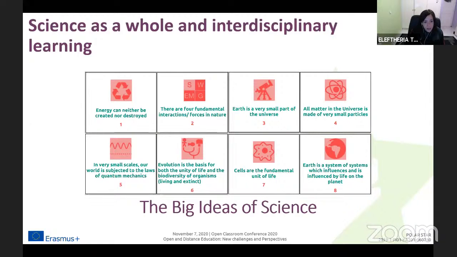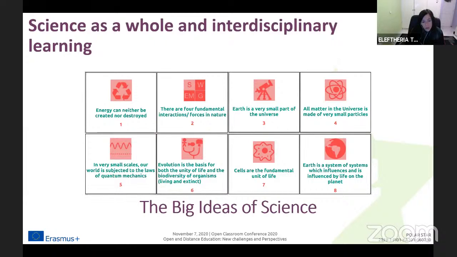So our first idea is about energy and how it can never be destroyed or created. The second is about the fact that we only have 4 fundamental forces. One idea is about Earth and its place in the universe. Another is about what constitutes matter and the elementary particles.